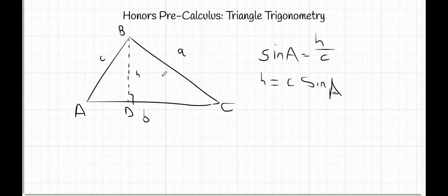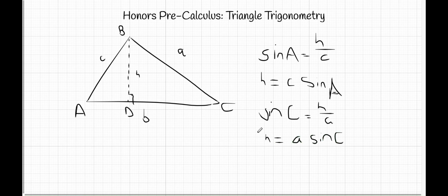Now in this second triangle, BCD, we see that sine of angle C is equal to opposite over hypotenuse, h over a. So multiplying both sides by a, we get h is equal to a times the sine of C.